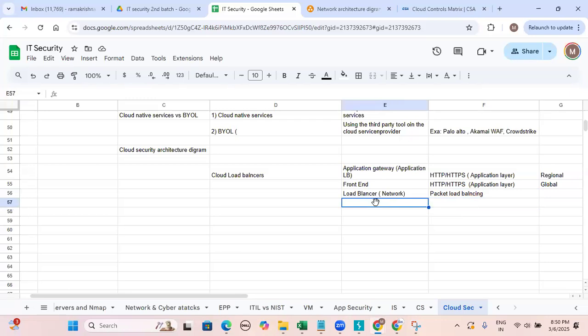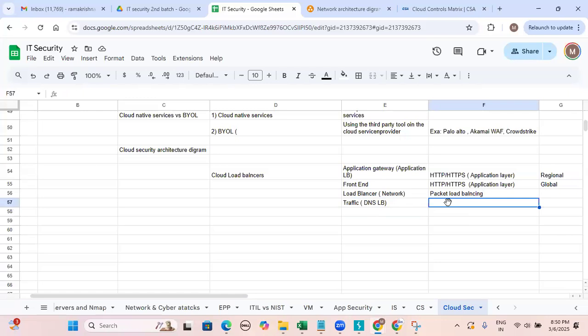So next one is the traffic load balancer. This is, I can say, DNS. Please remember all these concepts because we have to discuss all these things once we go to the respective cloud service provider.